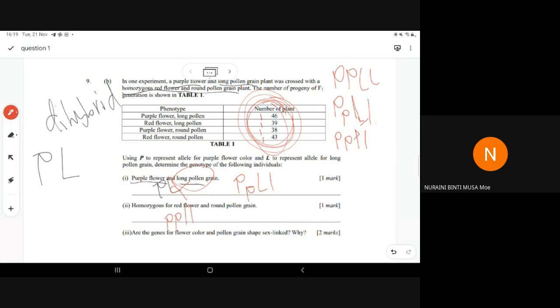So, are the genes for flower and pollen sex linked? Jawapannya tidak. Ia tak terlibat dengan sex linked. But don't worry, we'll still discuss sex linked question juga later.